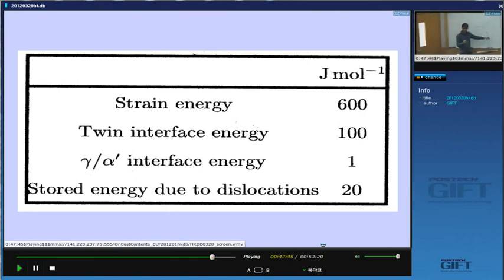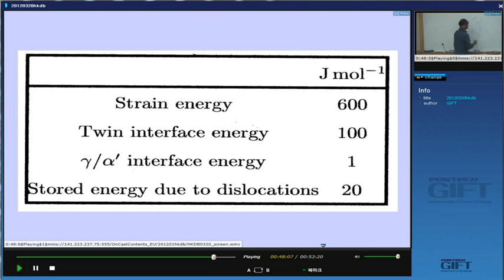Now, the stored energy of martensite, let's say it's 700 joules per mole. Add up all those terms. So when does this become minus 700 joules per mole? If I do that, that gives me my martensite start temperature.